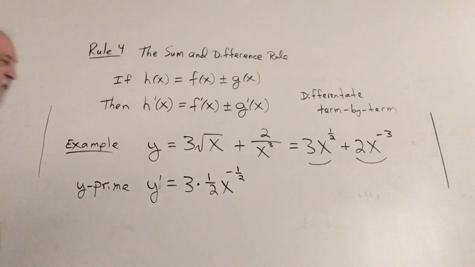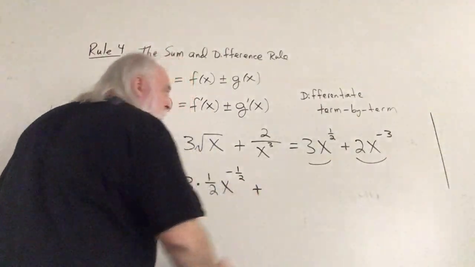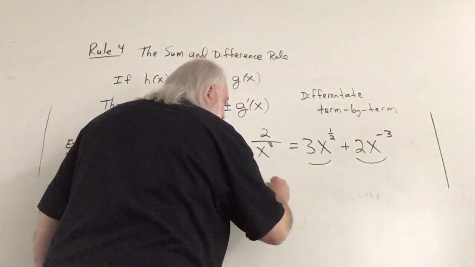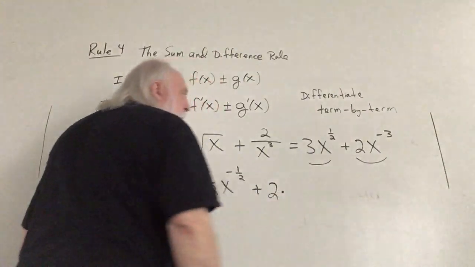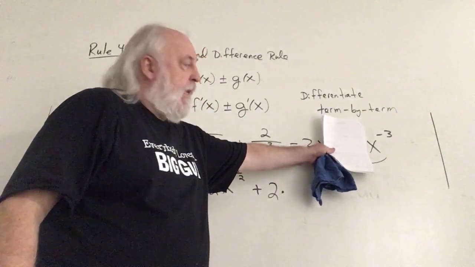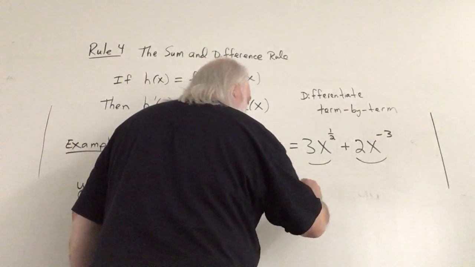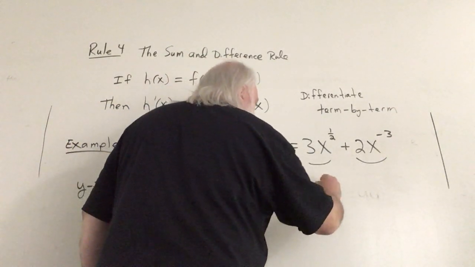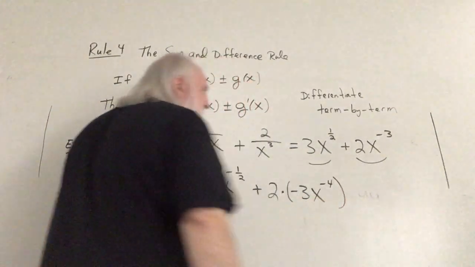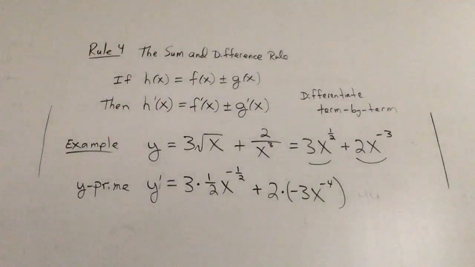Now when we differentiate the second term, we carry the 2 along. And then when we differentiate x to the minus 3, we bring the minus 3 down front of the x and subtract 1 from the exponent. Minus 3 minus 1 is negative 4.